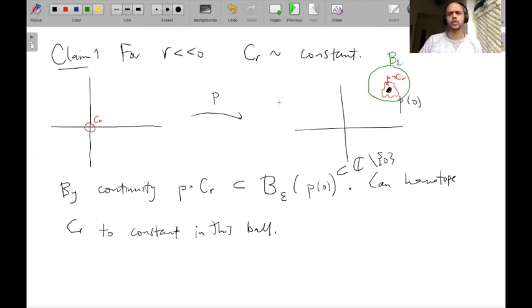Okay, so we figured out what loop this C of R is. It's the trivial loop in the fundamental group.